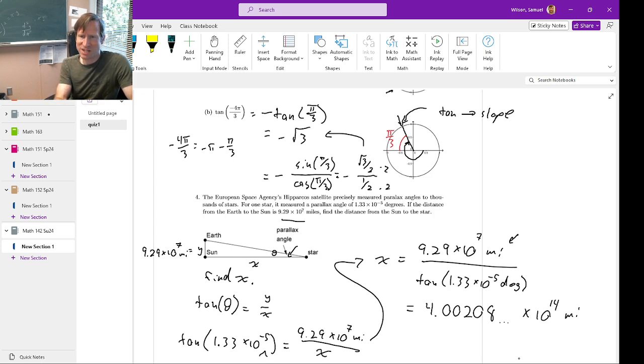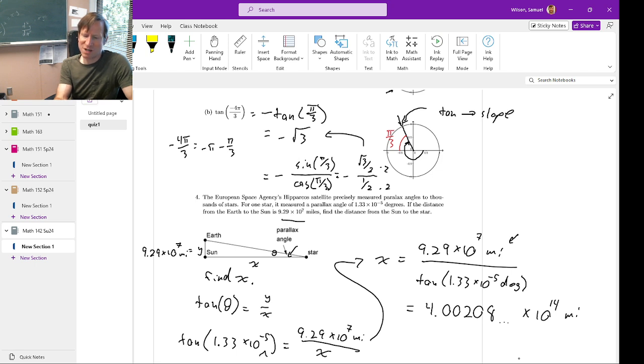Let me just double check that. So 9.29 times 10 to the 7th divided by tangent of 1.33 times 10 to the minus 5th.